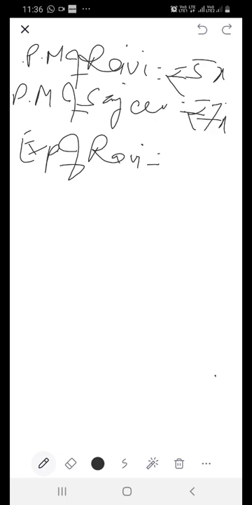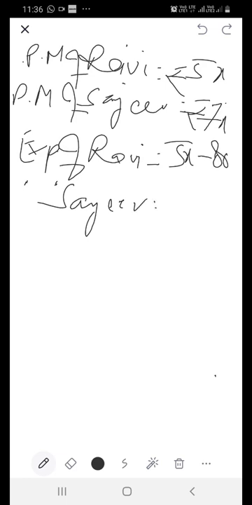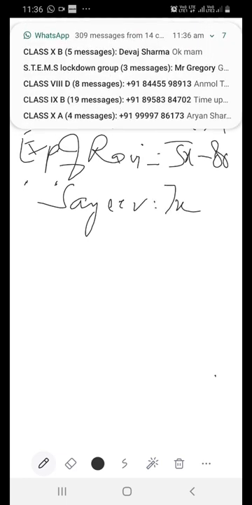If each of them is saving rupees 80, how much will be the expenditure of Ravi? Expenditure is your pocket money which you get minus the saving. That is 5x minus 80. And expenditure of Sanjeev will be 7x minus 80.